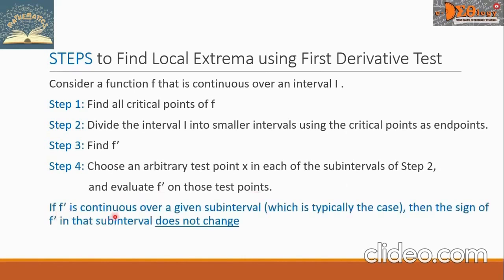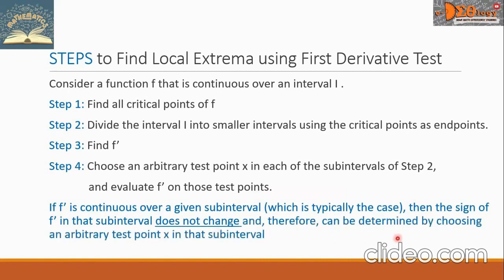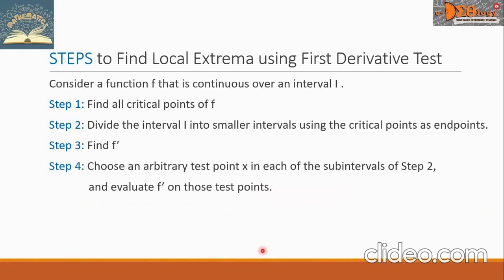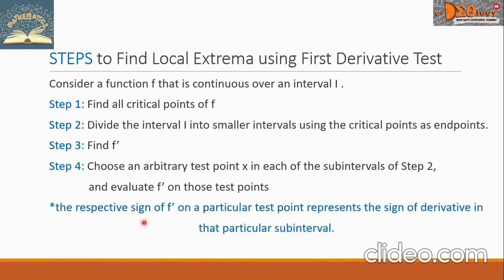If f prime is continuous over a given sub-interval, which is typically the case, then the sign of f prime in that sub-interval does not change, and therefore can be determined by choosing an arbitrary test point x in that sub-interval. The respective sign of f prime on a particular test point represents the sign of the derivative in that particular sub-interval.